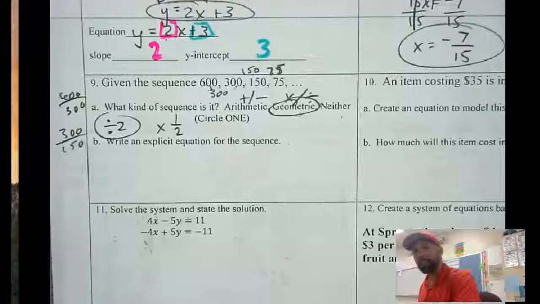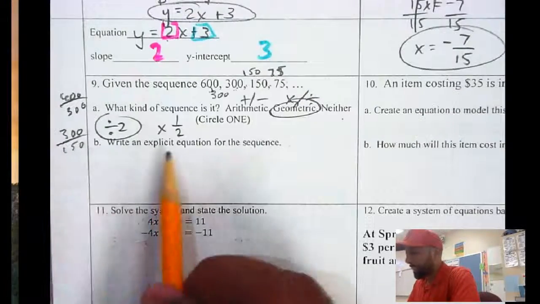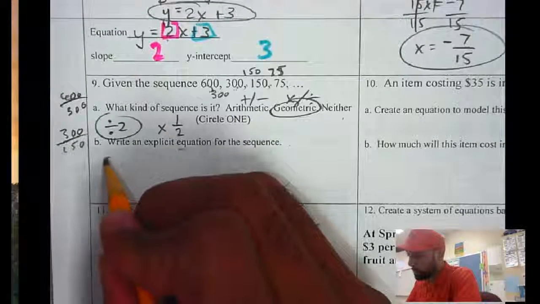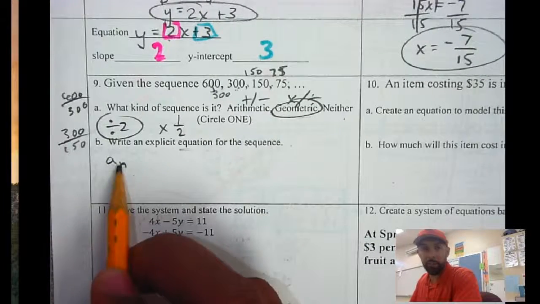Okay, now write an explicit equation for the sequence. Okay, so to find any term in this sequence, we're going to write an equation. Basically, this a sub n represents the term.